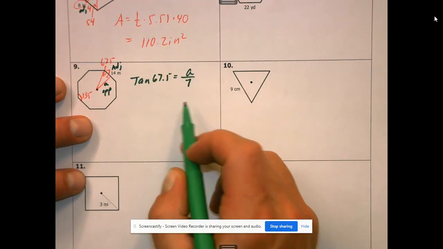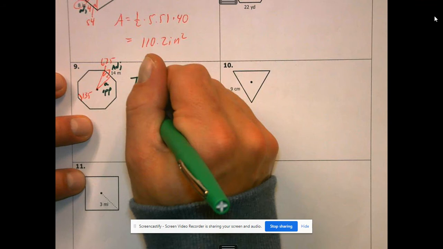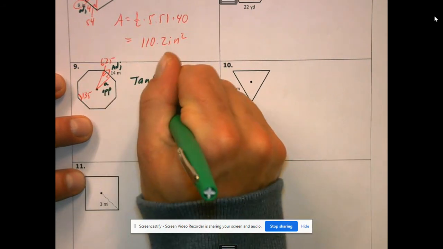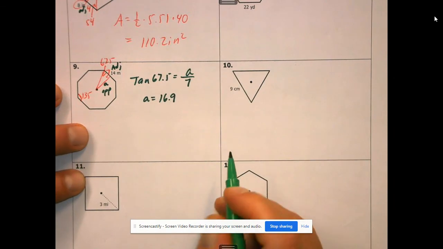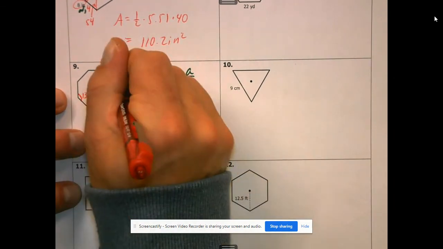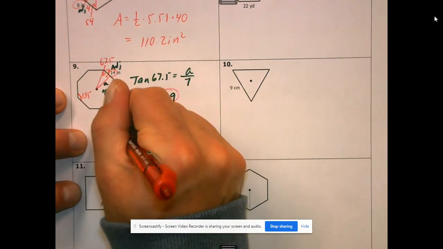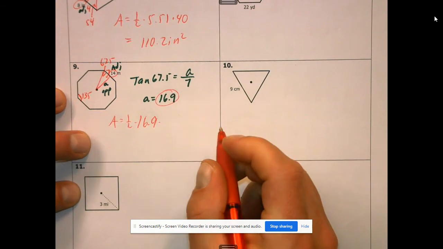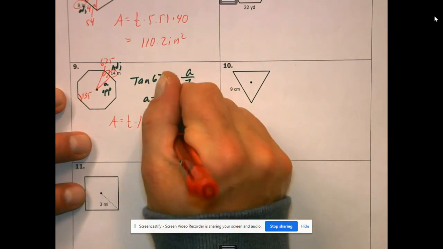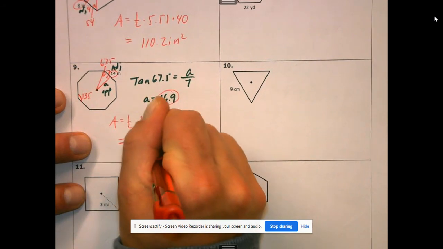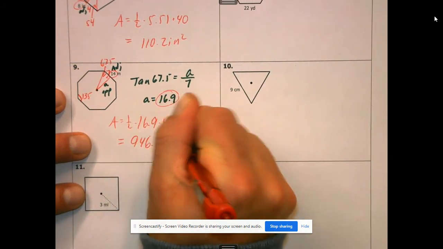Variables on top, we're going to multiply. 7 times tangent 67.5 comes out to be 16.9. You have your apothem, and we can find perimeter using that. All right, formula: 1/2, apothem 16.9, perimeter, if you add up all the sides, comes to be 112. You type that in, it's 946.4 square meters.